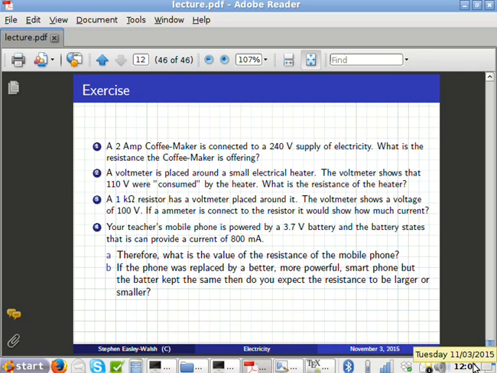R equals V over I. That would be 220 over 0.250, which will be what? 880 ohms. So resistance, in fact, is quite large here.